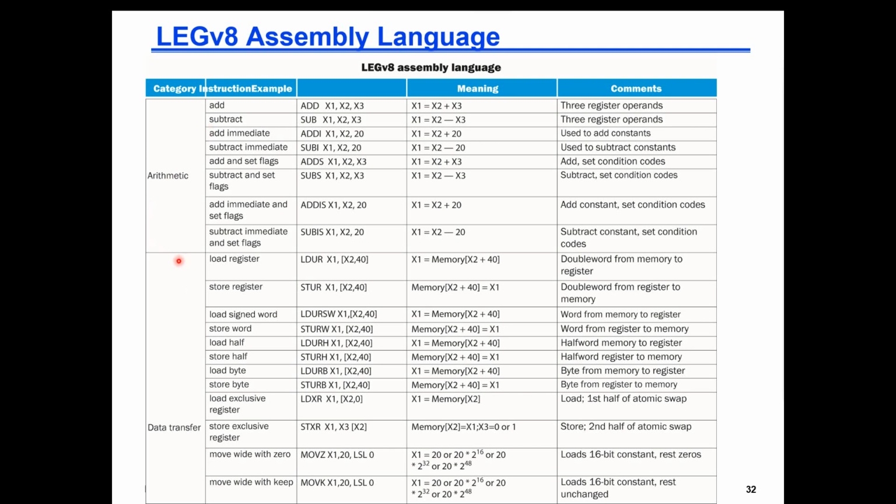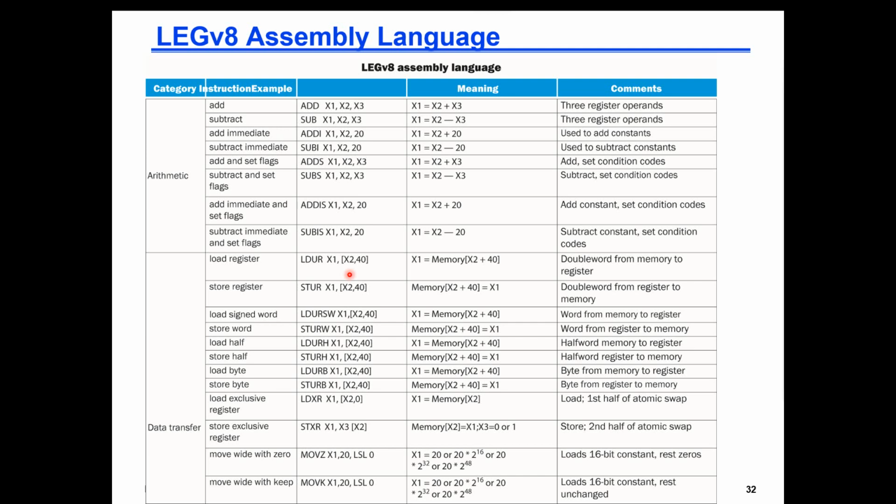So here we have data transfer instructions. So load register. This is the format. It has 3 fields and 3 operands. Okay. And the way that it works is, later on we're going to talk about addressing modes, and that is how you get to the actual operand.